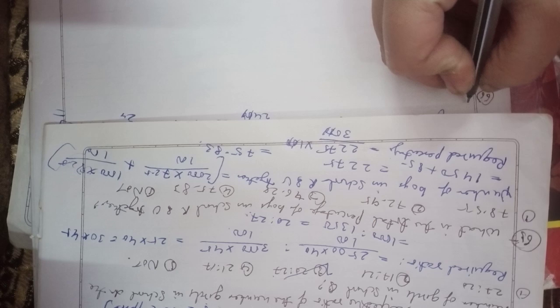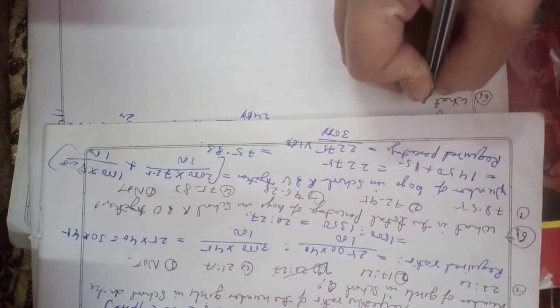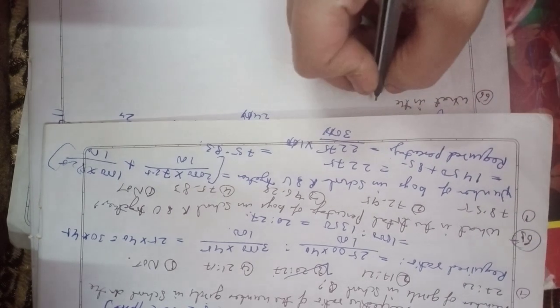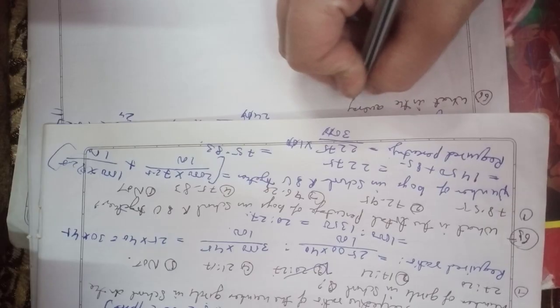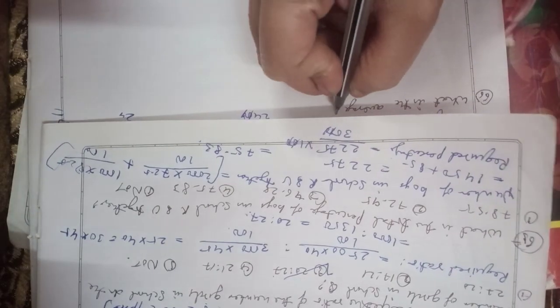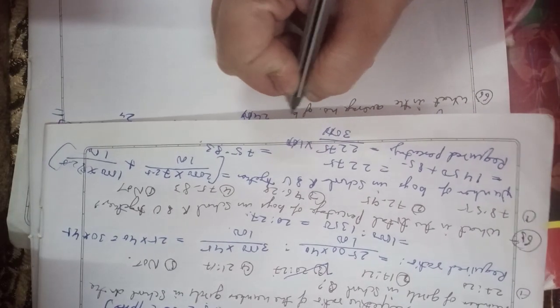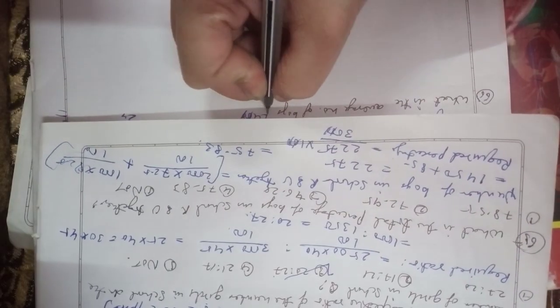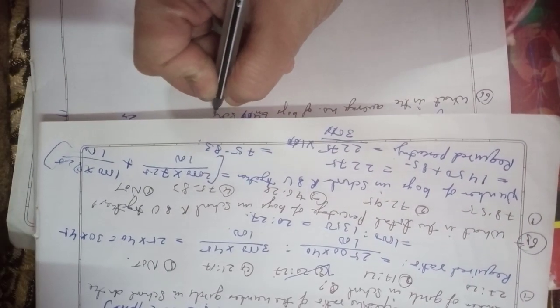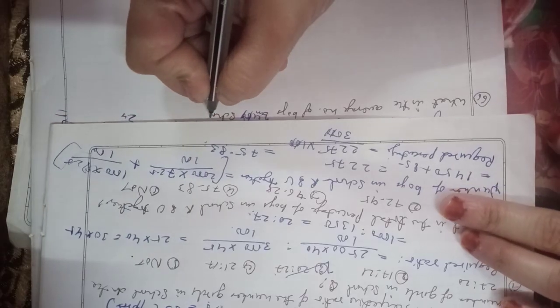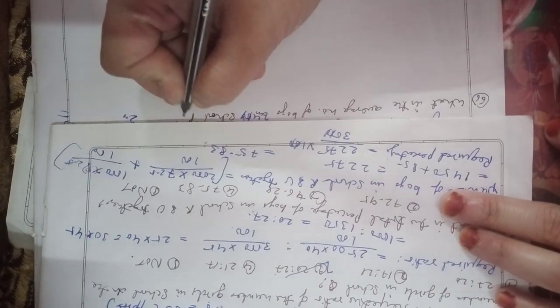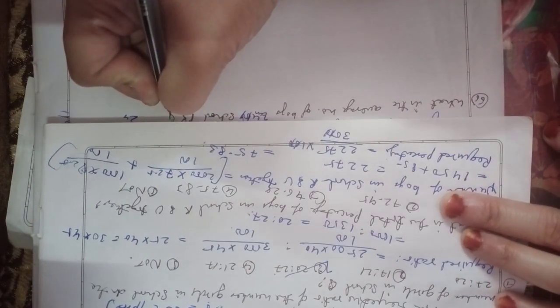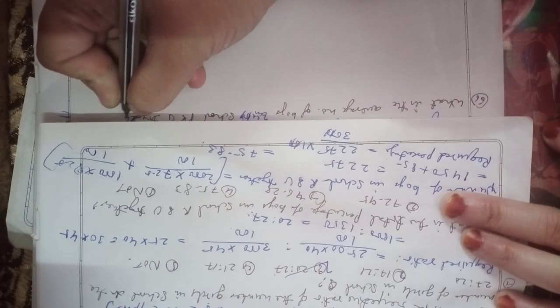What is the average number of boys in school P and Q together?